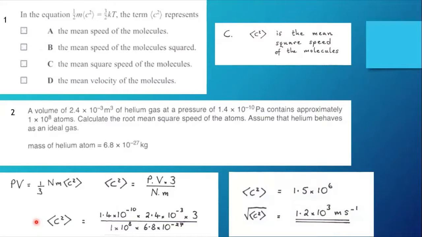And the square root is 1.2 times 10 to the 3 meters per second. This value may seem a bit large to you, but it's fairly normal for the root mean square speed of atoms in a gas.